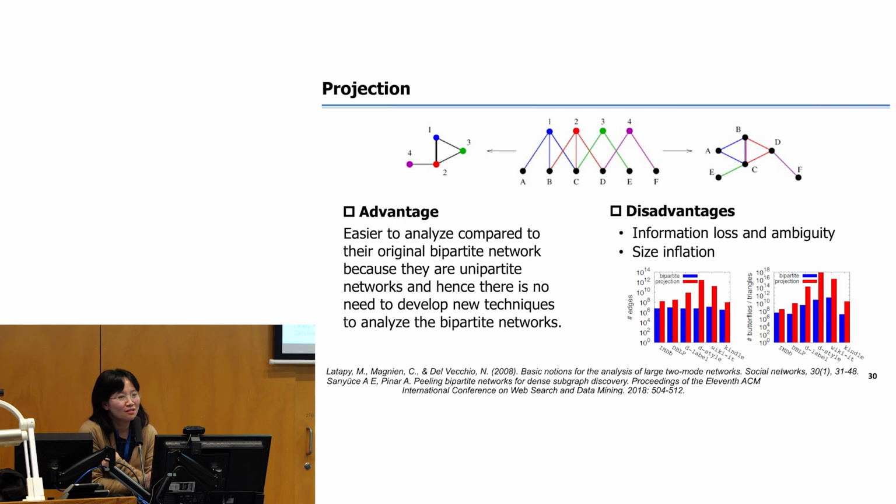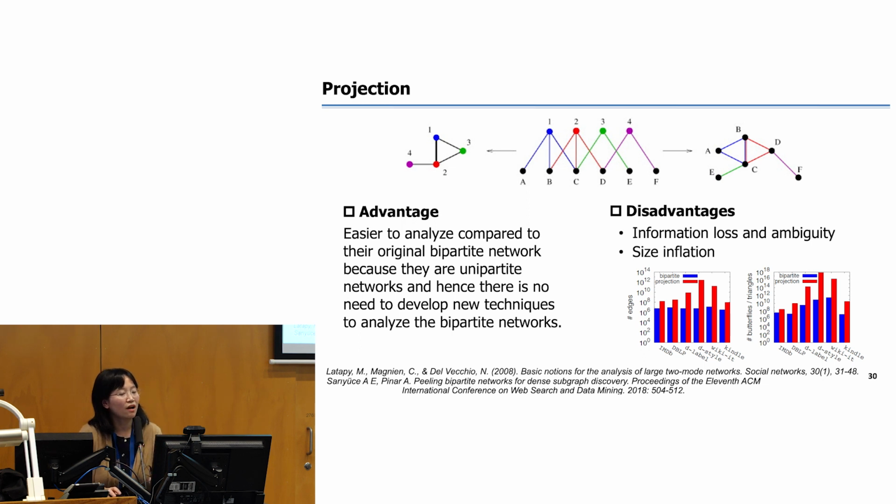If we use this approach to convert this two-type-vertex graph to a unipartite graph, then we lose information. For instance, as just asked by the student, B and C in this graph are actually connected with different vertices. B is connected with 1 and 2, C is connected with 1 and 3.